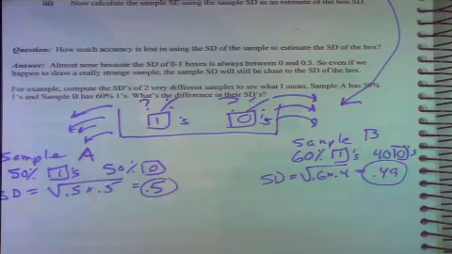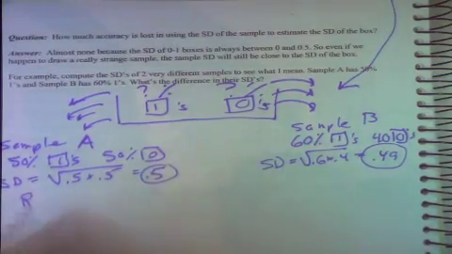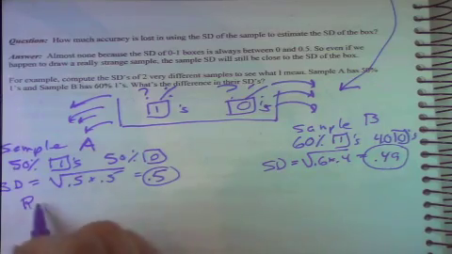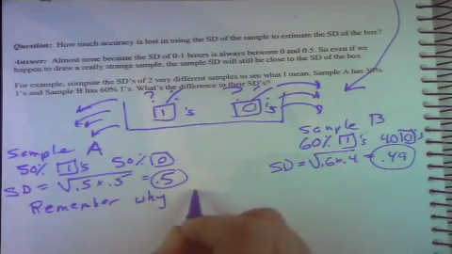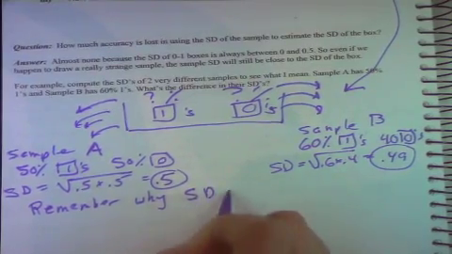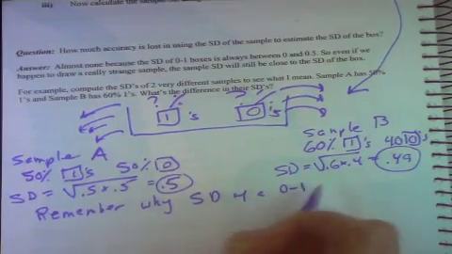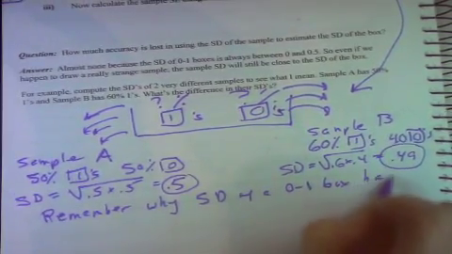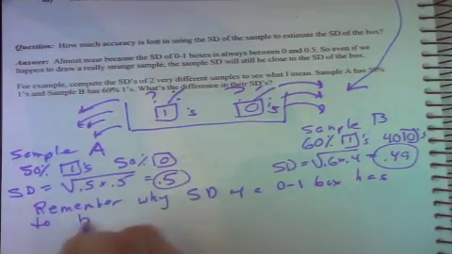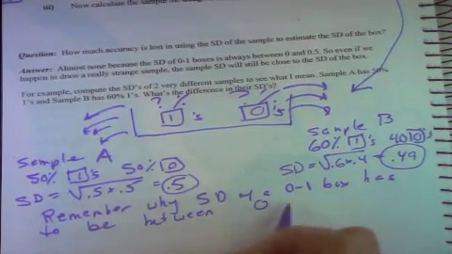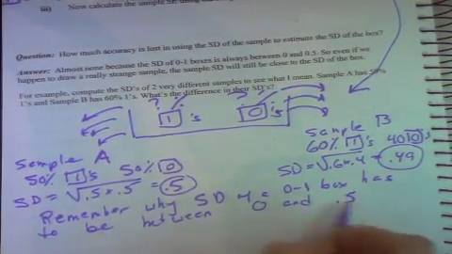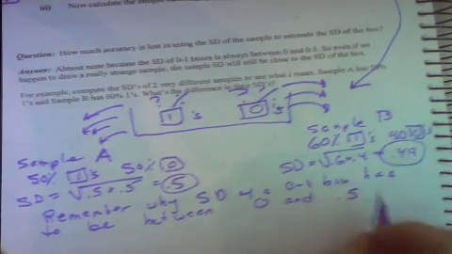And in general, I want you to remember why, because you should really understand this. Remember why the SD of a 0-1 box has to be between 0 and 0.5. It can never be bigger than 0.5 because, watch.